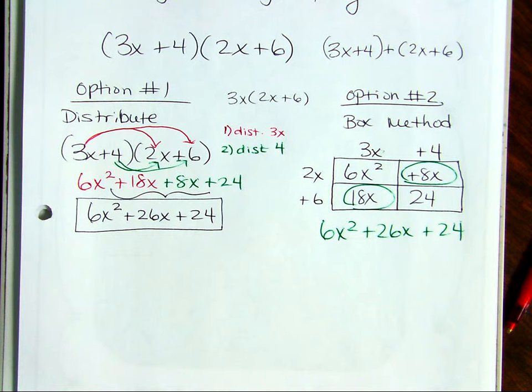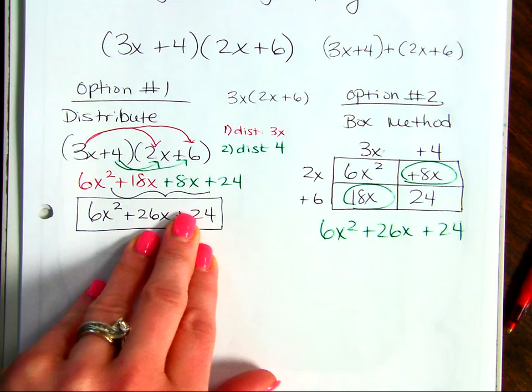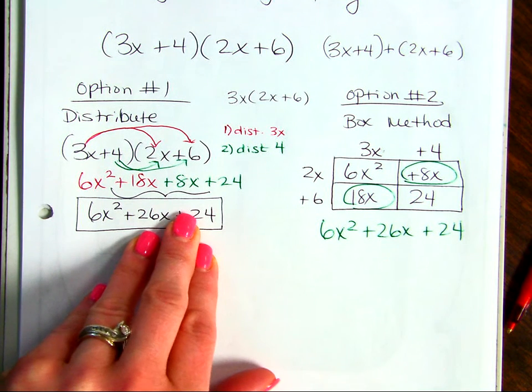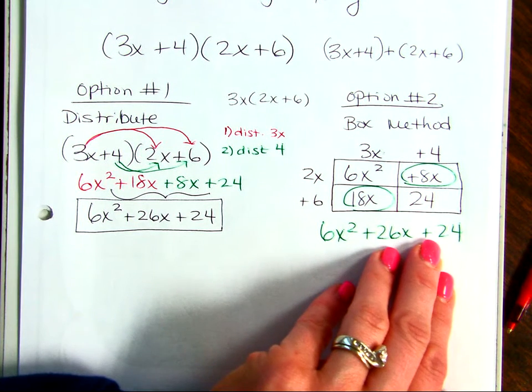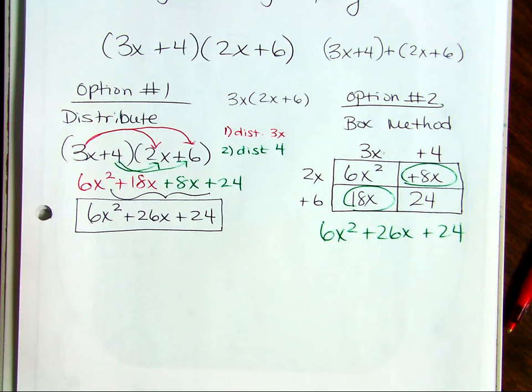So, first impression. Raise your hand if you like the distribute, if that seemed like something more natural. Okay, raise your hand if the box method is what. Yeah. Okay, that's okay. So let's try this right here.